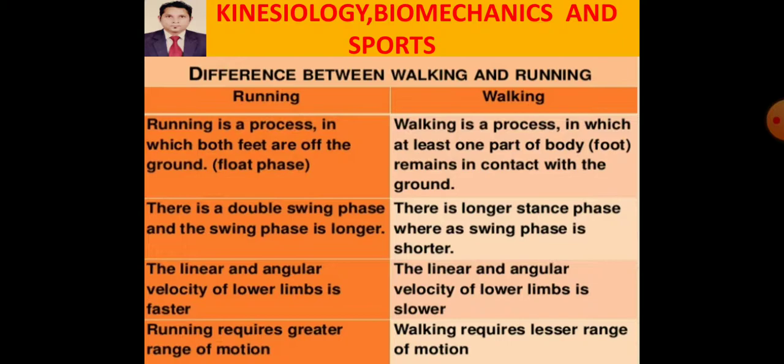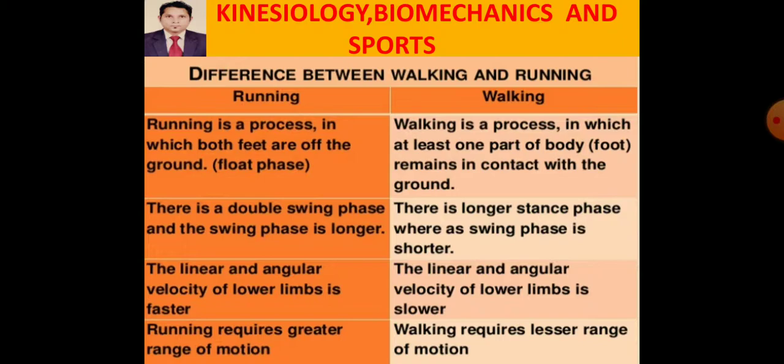So in running, sometimes both feet are off the ground while we are running faster. And in walking, at least one leg will remain in contact with the ground. Clear? There is a double swing phase, and the swing phase is longer.